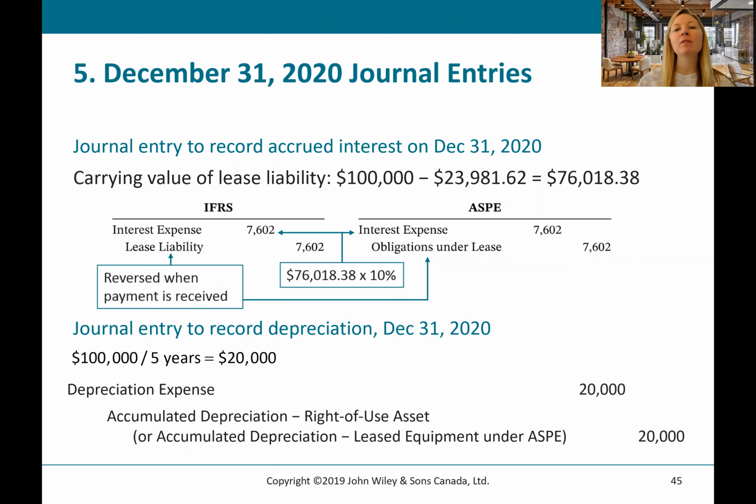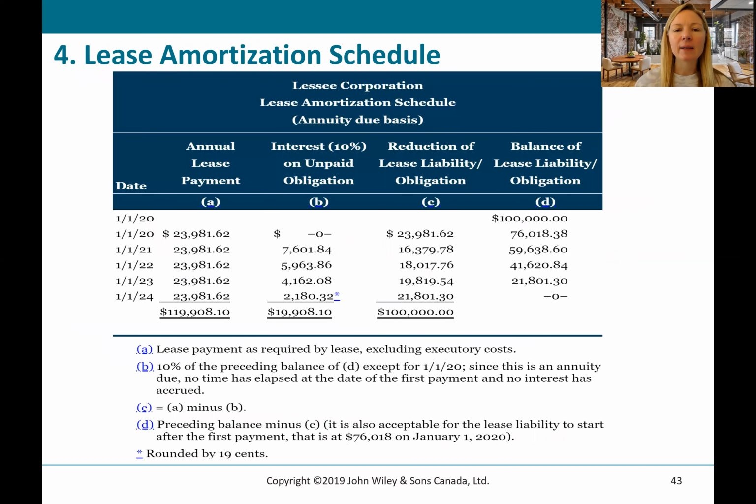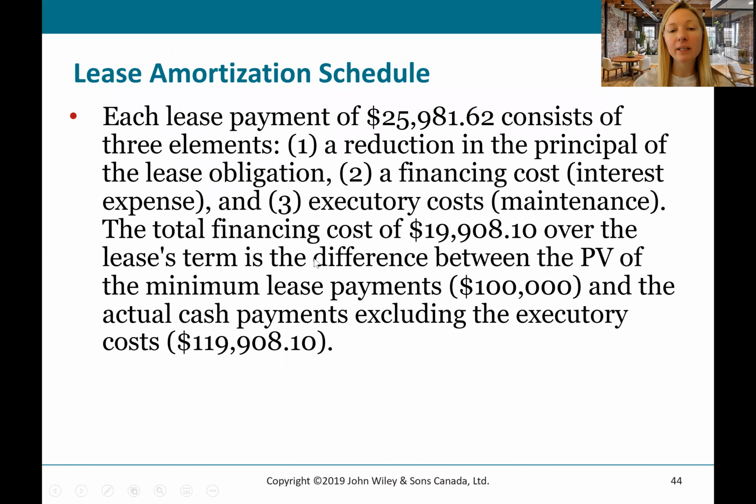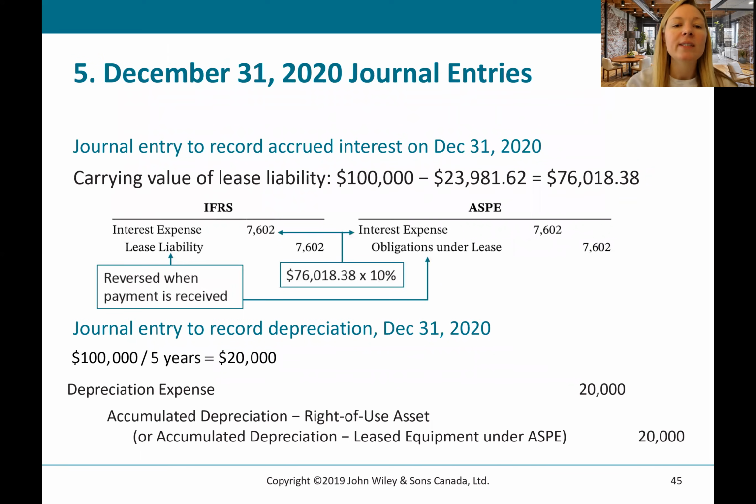The carrying value of the lease liability is 76,018. And our interest expense is going to be here, $7,601 or $7,602, depending on how you round it. We're going to debit interest expense and credit lease liability.